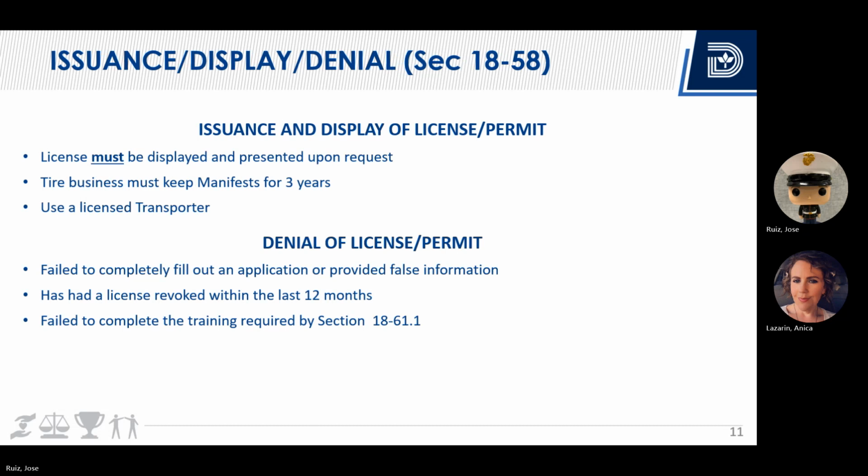Okay. The issuance, display, and denial of a license is covered under Chapter 18, Section 58. Issuance and display of license and permit. A license must be displayed and presented upon request. What does this mean? What it means is just like your certificate of occupancy.